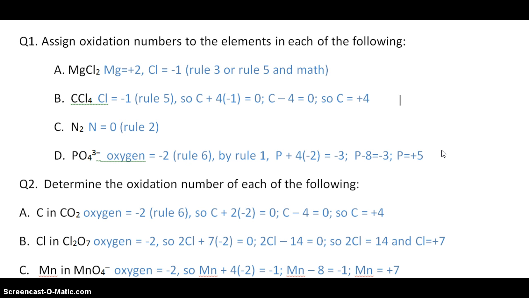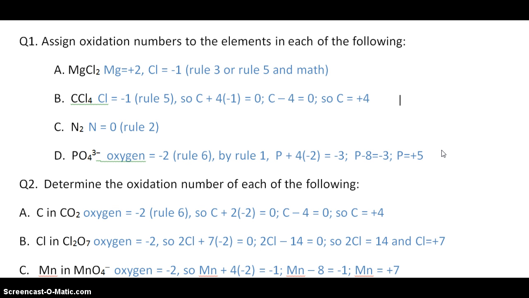So we're going to use rule 1 that says that the sum of the oxidation numbers of atoms in a polyatomic ion must equal its charge. So we know the oxidation number of phosphorus plus 4 times the oxidation number of oxygen has to equal -3. We do the math, we find that phosphorus minus 8 is equal to -3. If we add 8 to both sides, we end up finding out that the oxidation number of phosphorus is +5.